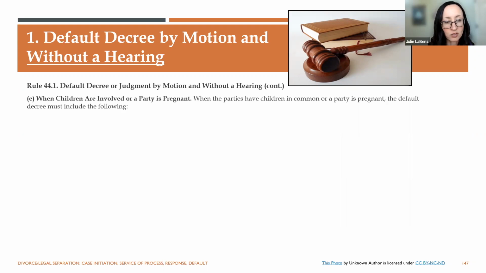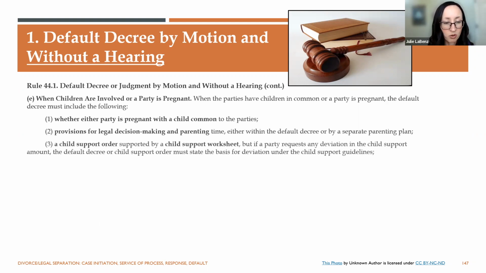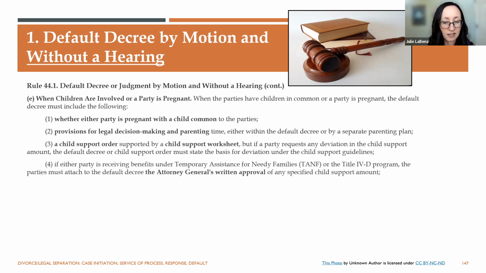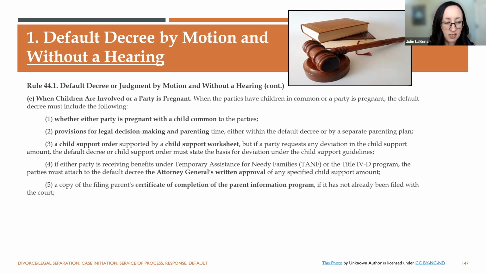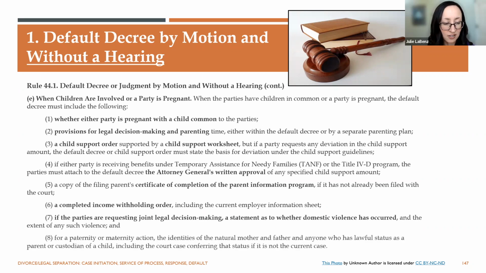When children are involved or a party is pregnant, then the default decree must include the following: whether either party is pregnant, provisions for legal decision-making and parenting time, a child support order and child support worksheet, and then if one parent is receiving welfare benefits, then the Attorney General's written approval of the child support amount, a certificate of completion of the parent information program, a completed income withholding order, and if the parties are requesting joint legal decision-making, a statement as to whether domestic violence has occurred and the extent of it.